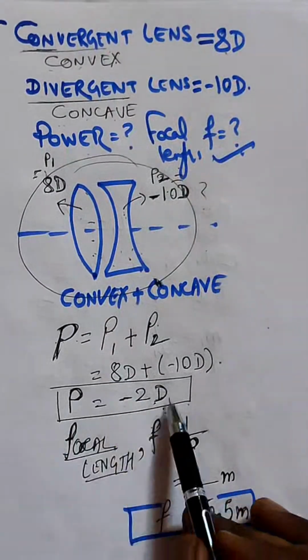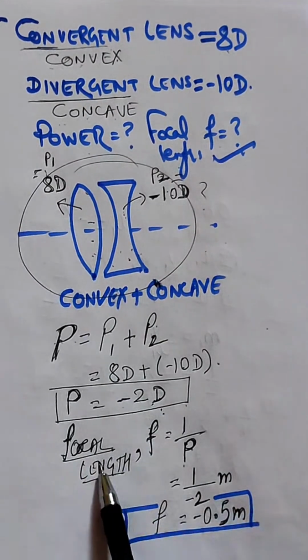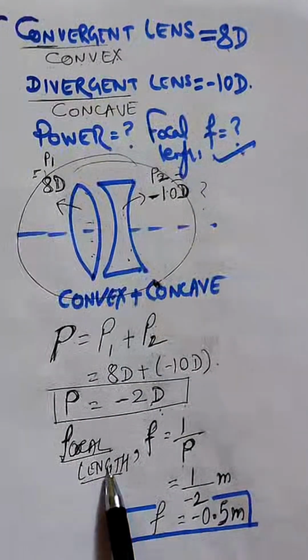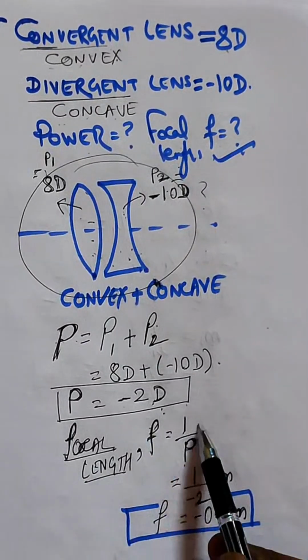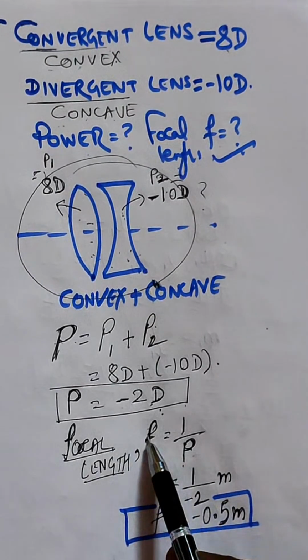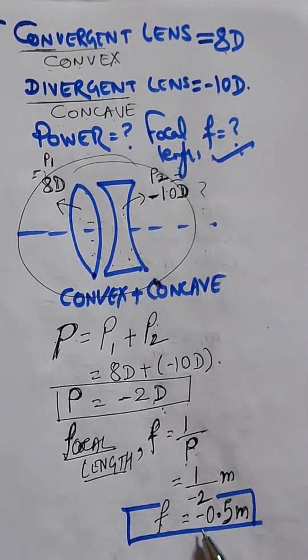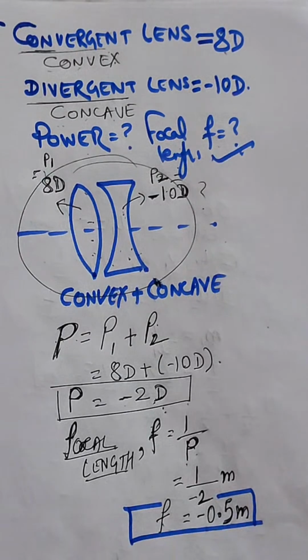And for the focal length, you can calculate it as 1 by P, that is the reverse of that power, which will give you the focal length. And that value is minus 0.5 meter we have calculated, right? In this way such questions can be solved very easily, right?